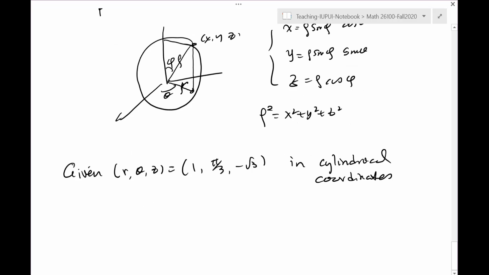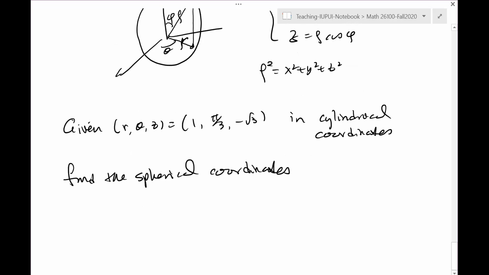And you want to change it from the cylindrical to spherical coordinates, okay? Find the spherical coordinates for the same point.